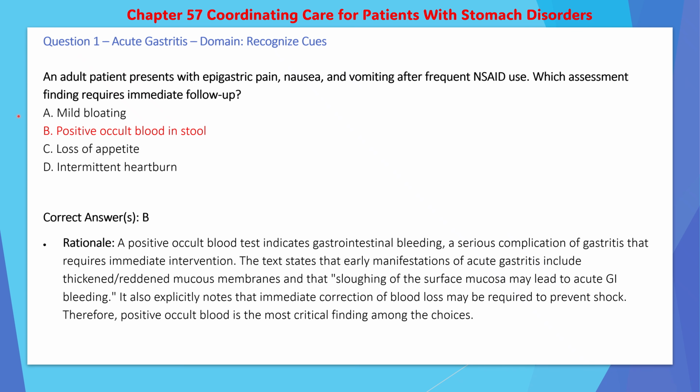It also explicitly notes that immediate correction of blood loss may be required to prevent shock. Therefore, a positive occult blood test is the most critical finding among the choices.